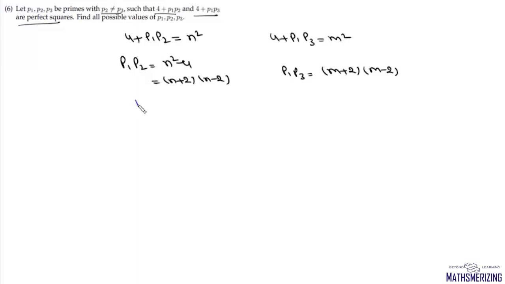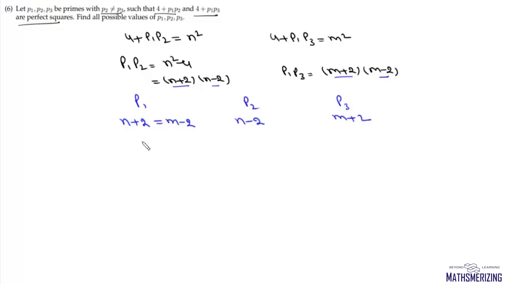Now we'll write possibilities for P1, P2 and P3. Now P1 cannot take both the values as n plus 2, m plus 2 or n minus 2, m minus 2, because in that case n will be equal to m, and then P2 and P3 would be equal. So we'll consider the case when P1 takes the value n plus 2, then P2 takes the value n minus 2. Now P1 also takes the value m minus 2, and P3 takes the value m plus 2.